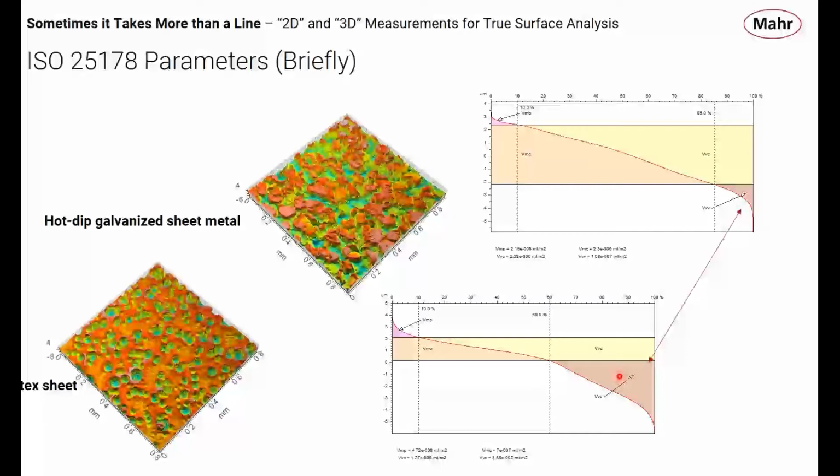But briefly, what the Abbott-Firestone curve says is: at top, the y-axis is 0%. The x-axis is percent. The y-axis is our height, our cut height, as we call it. It starts at the highest height. It says that for our very highest point in our data set, 0% of the data is above that point.